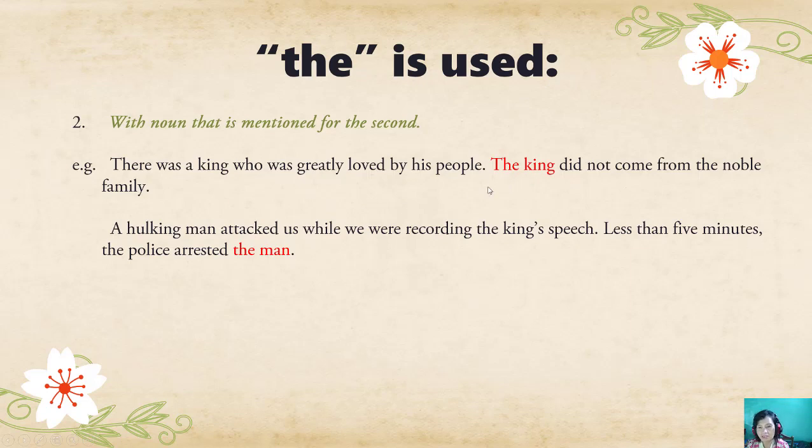The king here is the one who was greatly loved by his people. A hulking man attacked us while we were recording the king's speech. Less than 5 minutes later, the police arrested the man. The man refers to a hulking man. So it is always mentioned in the previous sentence.